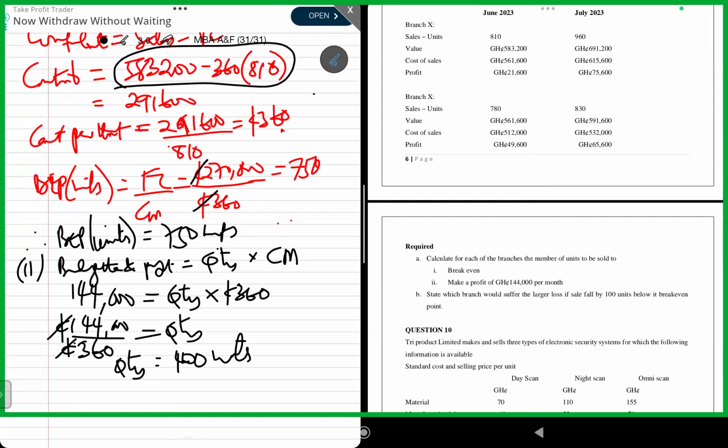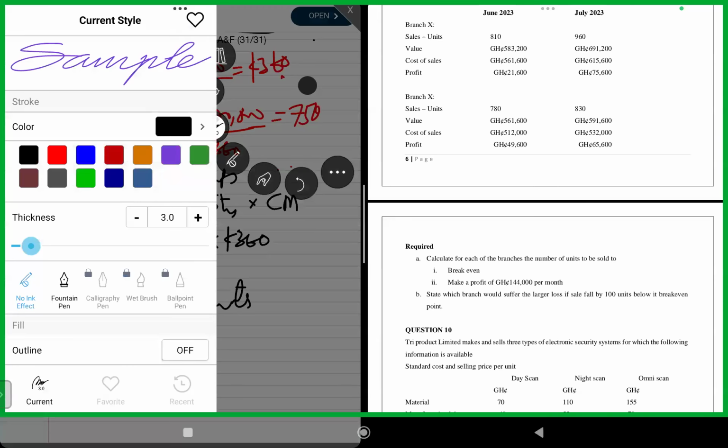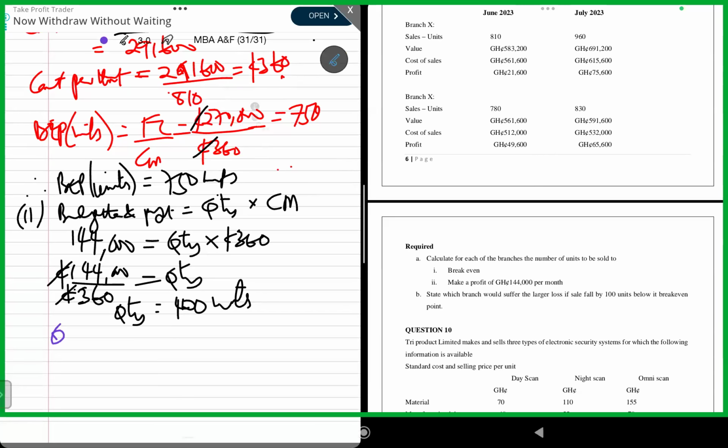Should we try that? Yes. All right, let's go. Using target profit, quantity equals fixed costs plus TP over CM. Then we are solving for quantity. What is our fixed cost? 270,000, right?